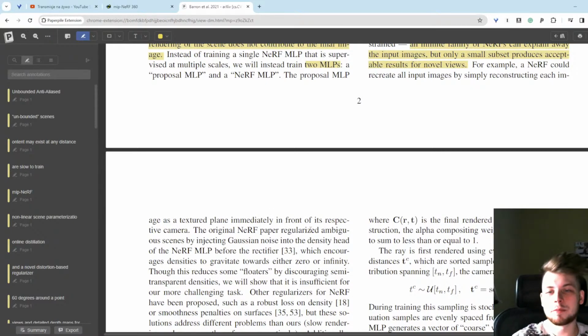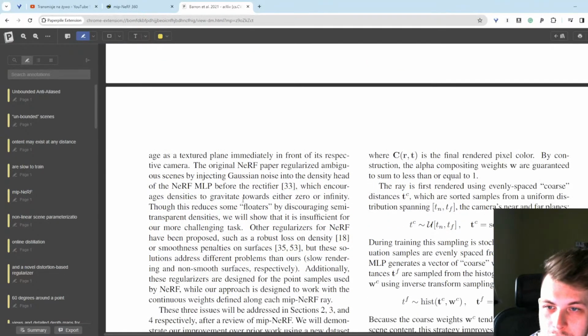The original NeRF paper regularized ambiguous scenes by injecting Gaussian noise into the density head of the neural MLP before the rectifier, which encourages densities to gravitate towards either 0 or infinity, right? So this was the original way to remove floaters from NeRF. Though this reduces some floaters, exactly by discouraging semi-transparent densities, we will show that it is insufficient for our more challenging task.